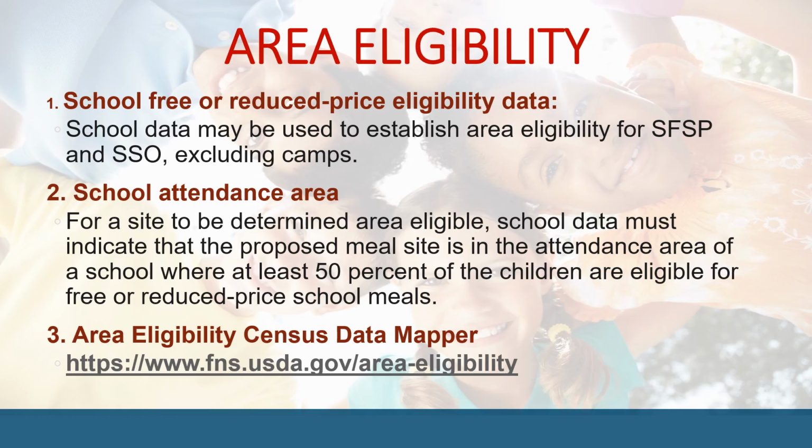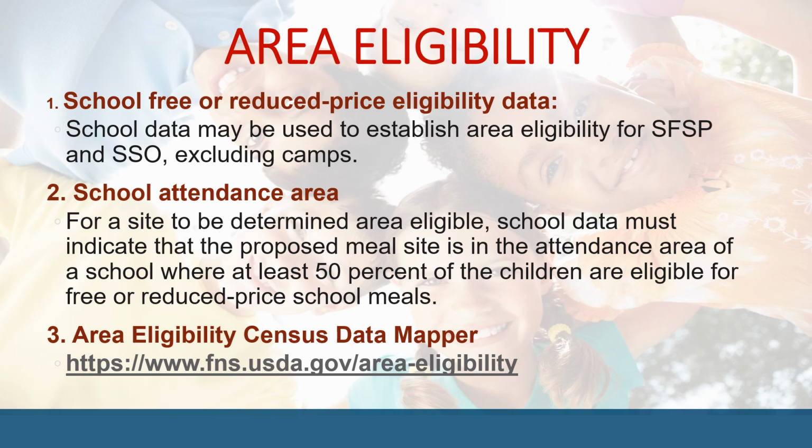Area eligibility. School free or reduced price eligibility data can be used to determine area eligibility. It can be used for SFSP and SSO, excluding camps.